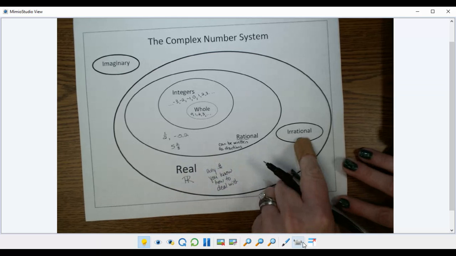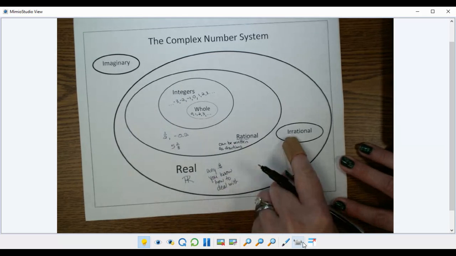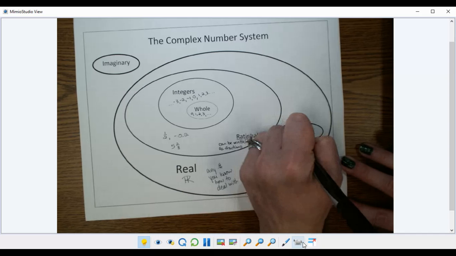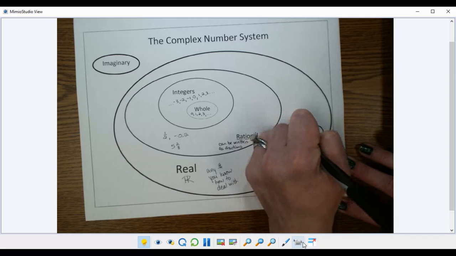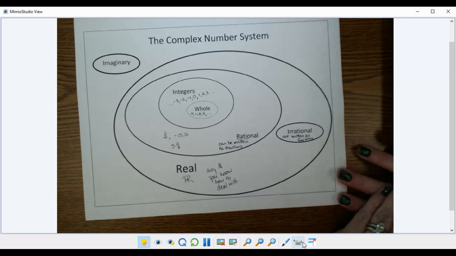Now, out here, this irrational bubble. If these are rational, what does the prefix ir mean? Ir means not. So these are things that cannot be written as fractions. You will talk a little bit about these in middle school, but most of the time these are dealt with in high school.